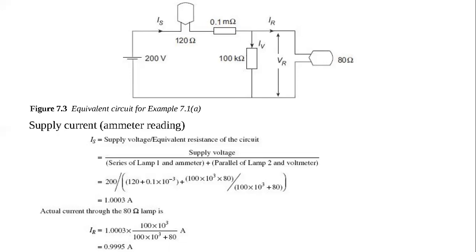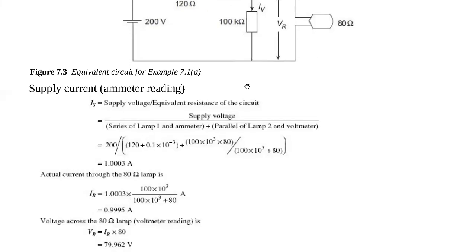So once you do all that calculation, the supply current, that is the I_S, or the reading in the ammeter, is 1.0003 amperes. You can see the difference between what we got when we assumed the instruments are ideal and this one is very minimal. You can confirm that using your calculator in a minute.